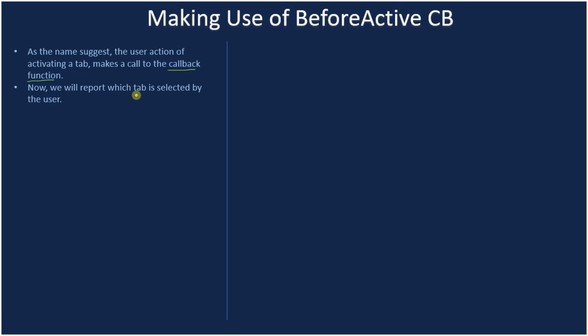This is just a simple example, but in the real world you can do all the required actions, like adding some dynamic content inside the tab, or reading the content and doing the validation, and similar kinds of tasks. But here in our example, we are just going to report which tab is selected by the user.